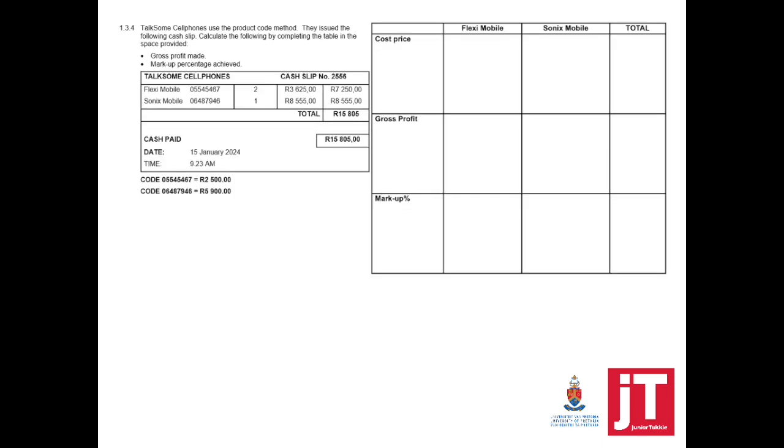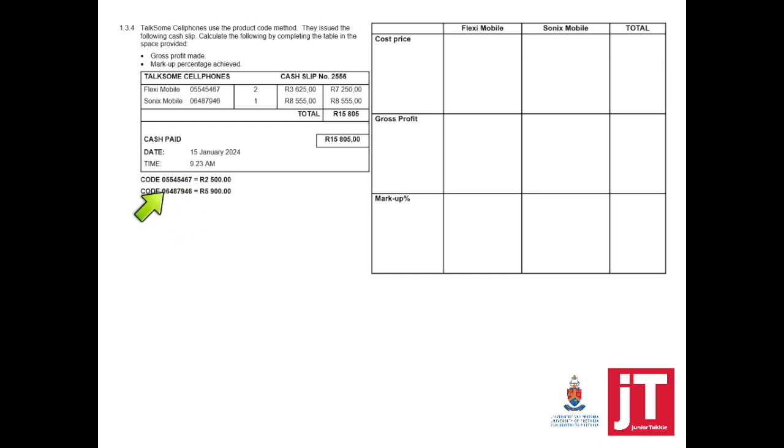Now moving on to the next one. Question number 4. Talksum cell phones use the product code method. Then again, this is another way of indicating the cost. They issued the following cash slip. Calculate the following by completing the table in the space provided. The gross profit made and the markup percentage achieved.